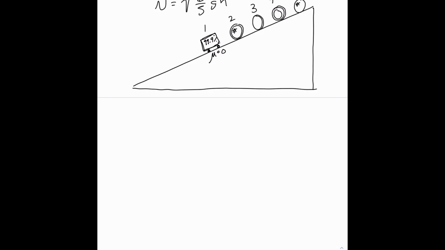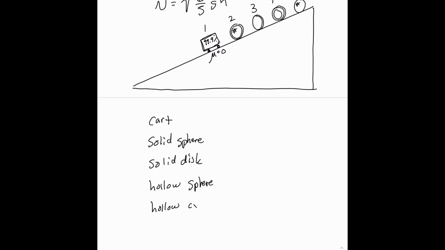So the different objects are the cart, and then the solid sphere, and then the solid disc, and then how about the hollow sphere, and then the last one we're left with is the hollow cylinder, or the hoop, or the ring, or whatever you like to call it. Okay.